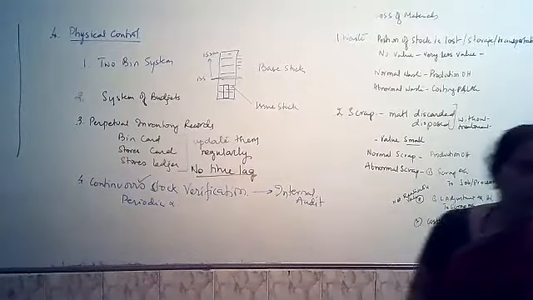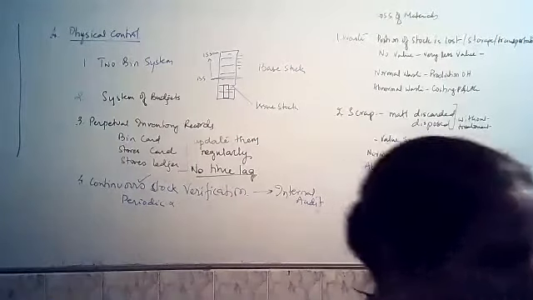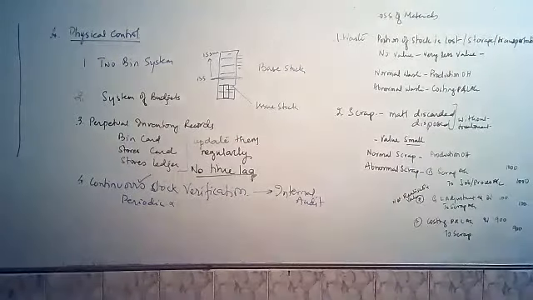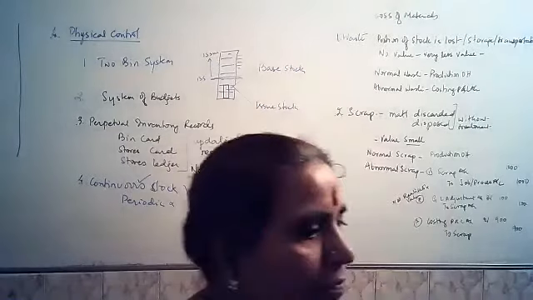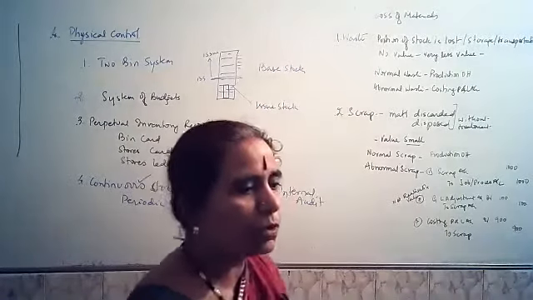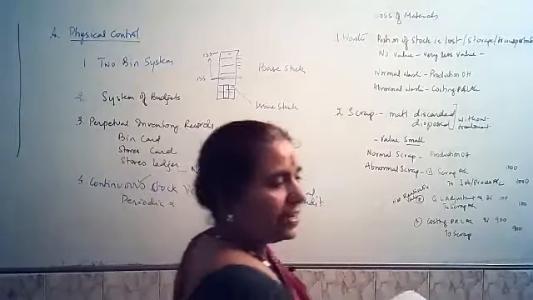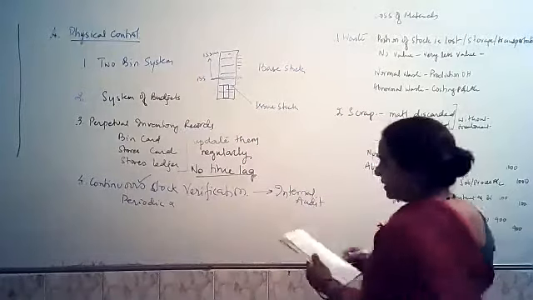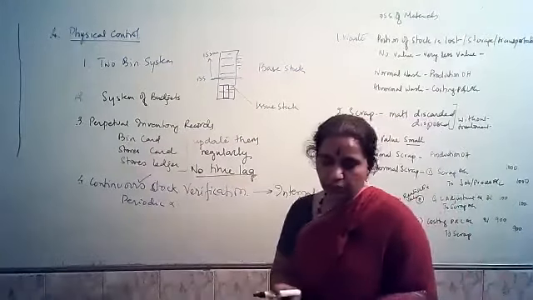This is how we do the entry with respect to scrap. Now this is how you will write the entries with respect to scrap. Let's look into the next one, spoilage.